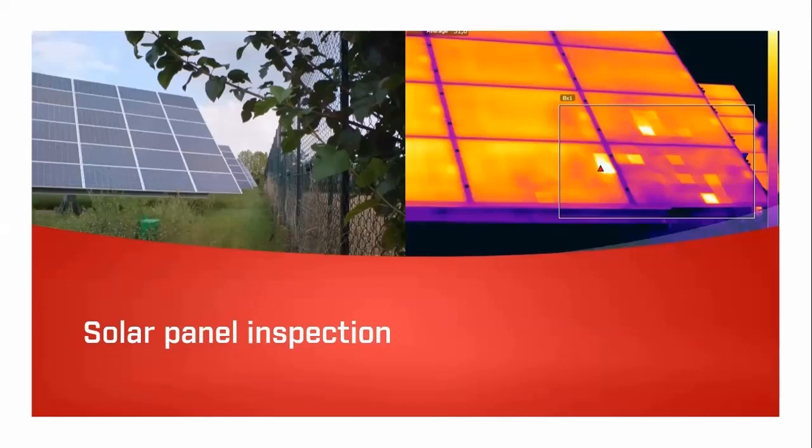We may look at the image and think, oh yeah, we've seen a problem, because we can see some hot areas on that panel. But in essence, the cells are warmer due to a shadow created by a tree in front of the panel. And you can recognize the shape in the IR picture. The cells will cool down when the shadow moves away. And this is just one consideration when looking at solar panels with thermography.